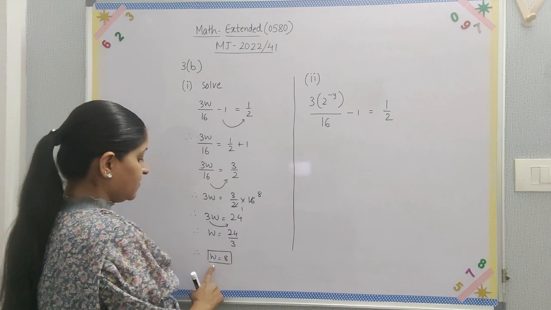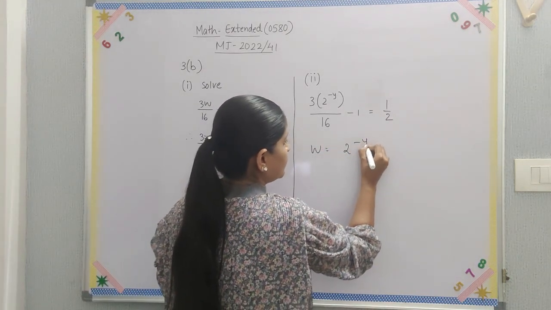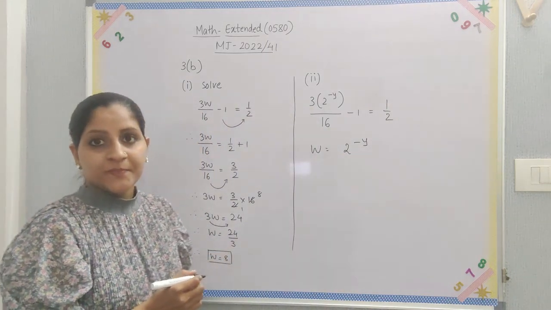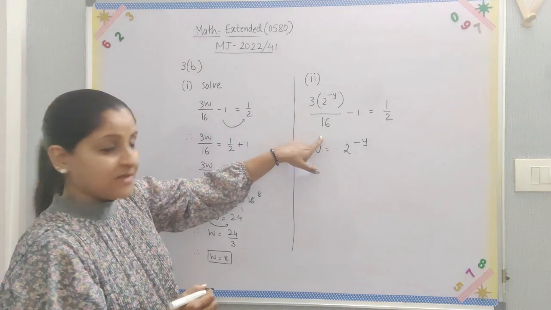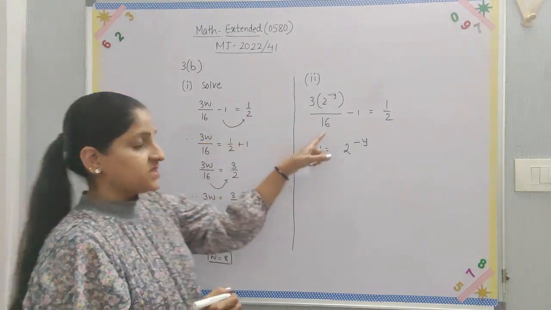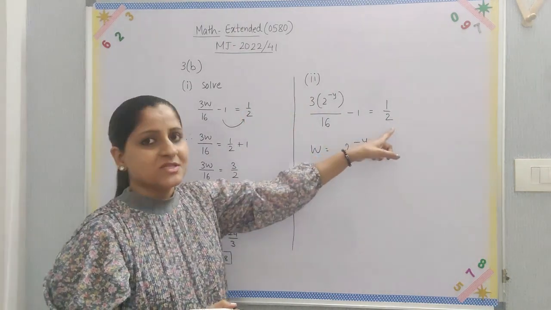That means this w over here is nothing but 2 to the power minus y. Correct? Because over here the equation is the same. 16 is here in the denominator, 16 here in the denominator, minus 1 is equal to half.